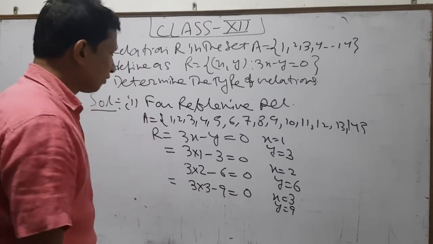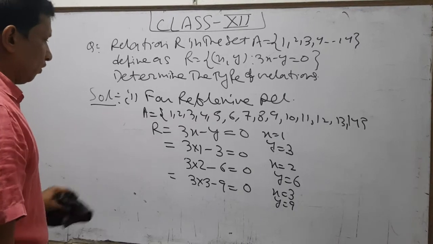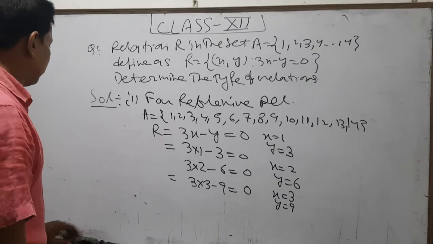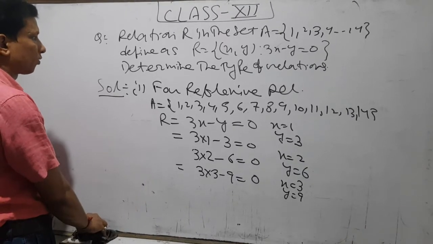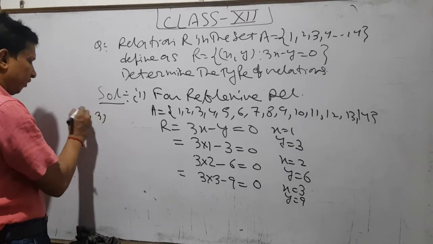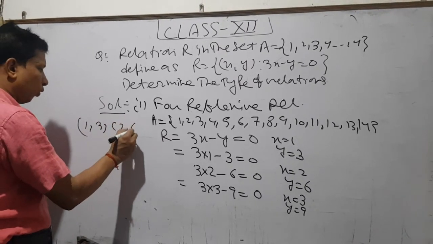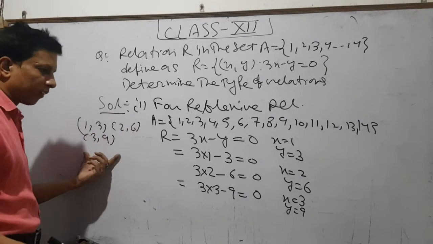Note down this one. Next, define the ordered pairs: (1, 3), (2, 6), (3, 9). These are the ordered pairs.